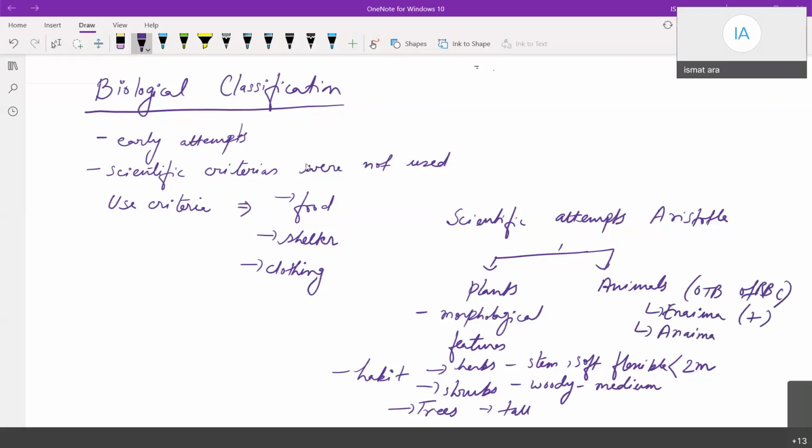A means absent. So the first scientific attempt was made by Aristotle. So this is the first kingdom of classification.